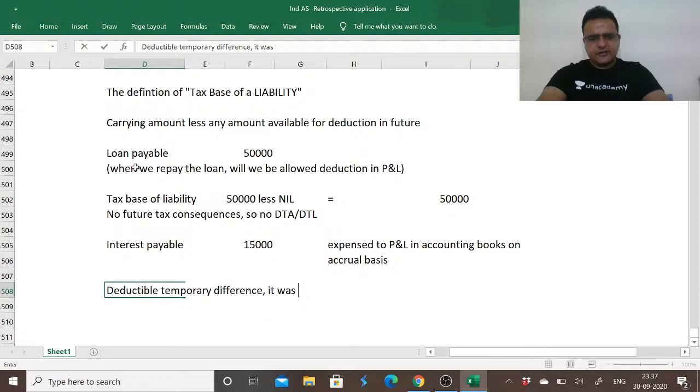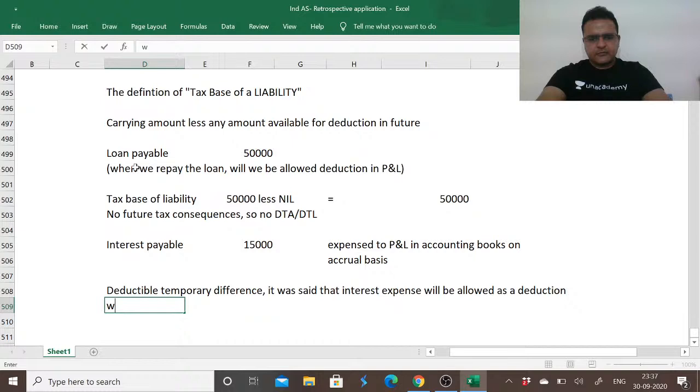It was said that interest expense will be allowed as a deduction when payment is made, on cash basis.